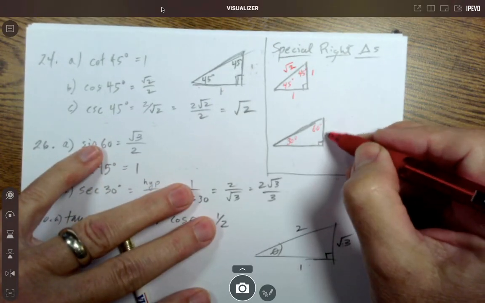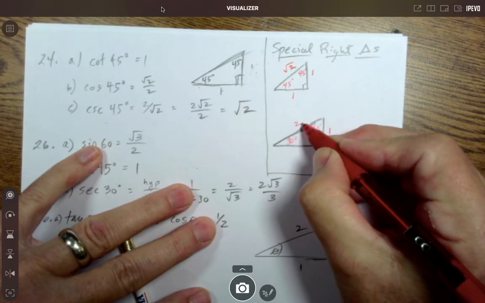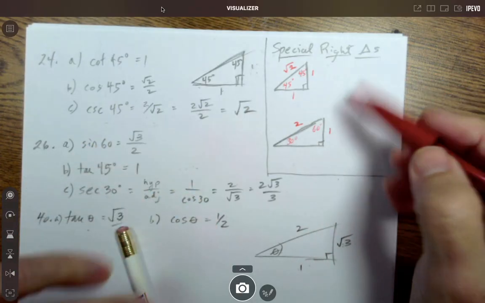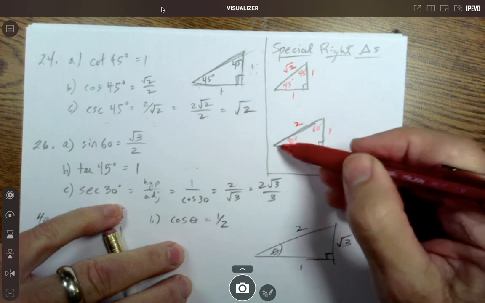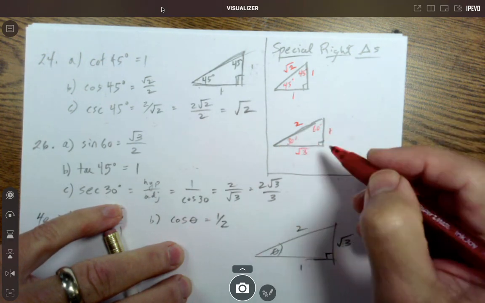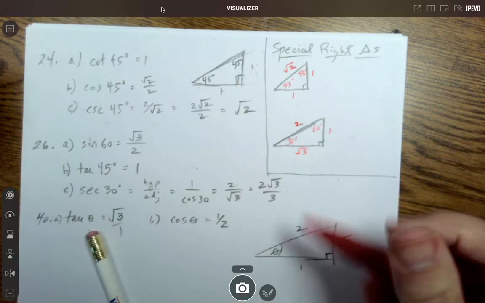The shortest side, if the shortest side is 1, then the longest side, the hypotenuse, is 2. Right? This is the way you memorize it. Shortest side is 1, the longest side is 2. And then the side in the middle is the square root of 3, which is approximately 1.7, right?